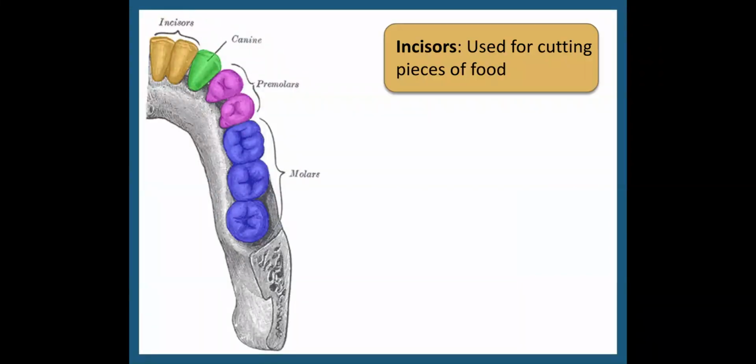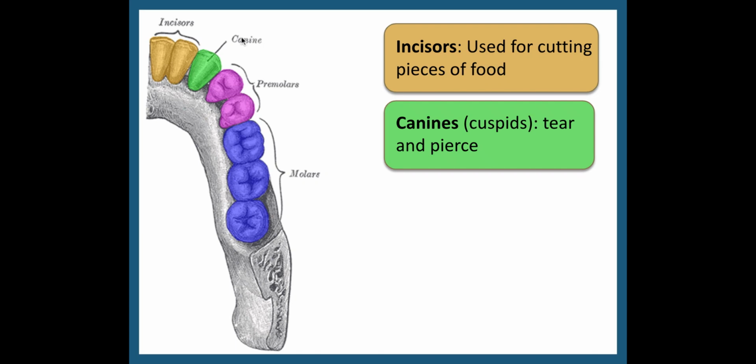And I want you to be able to identify the teeth. So you have the incisors here in the front, and these are used for cutting pieces of food. Next to that, you have your canine. It's that very pointy tooth near the front. They're also called cuspids. They tear and pierce.